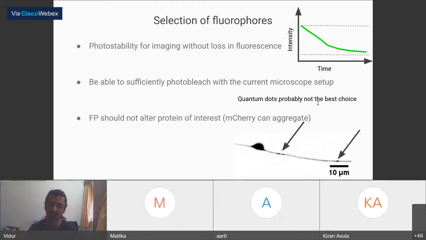But it really depends on the system that you're using. So the two ways by which you get 80% bleaching are either by lowering the GFP amount, or by increasing the laser power. So I hope that answers your question, Shalini.